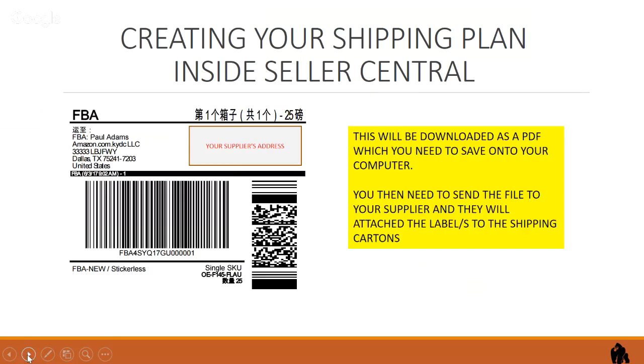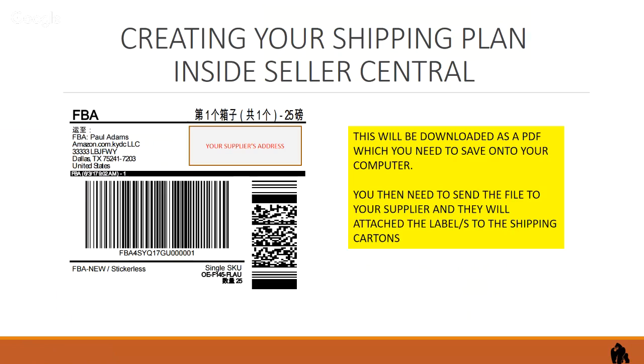So on the next screen, you'll be given a download as a PDF. Make sure you save that PDF in a file on your computer where you can find it. I'm pretty good at a filing system on my computer. Everything's under Amazon FBA, then it's got the product, then I've got the shipment date.